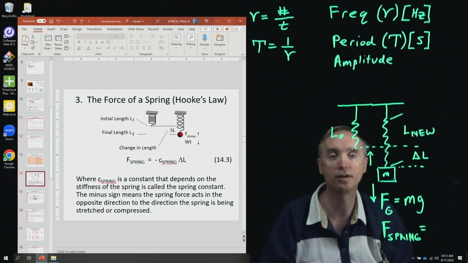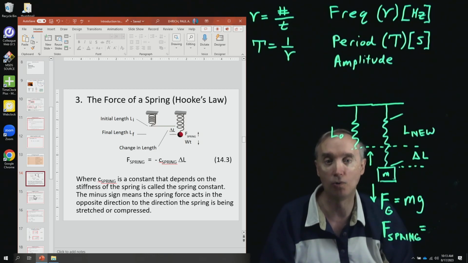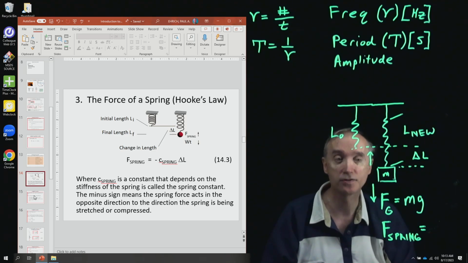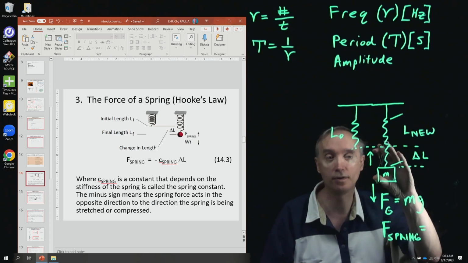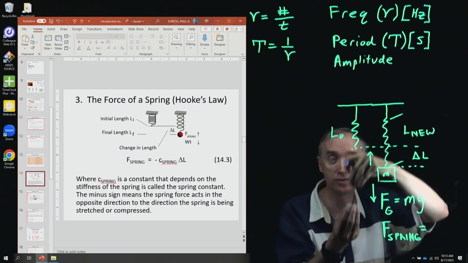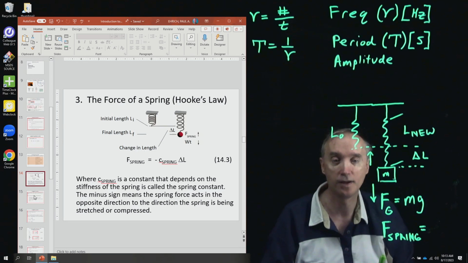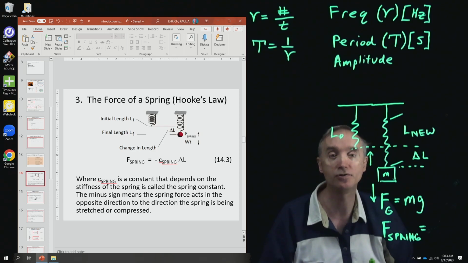So are we talking about a rubber band, or a shock absorber from a car? Depending on what the spring is, it's going to have a different spring constant, which tells us how stiff the spring is.